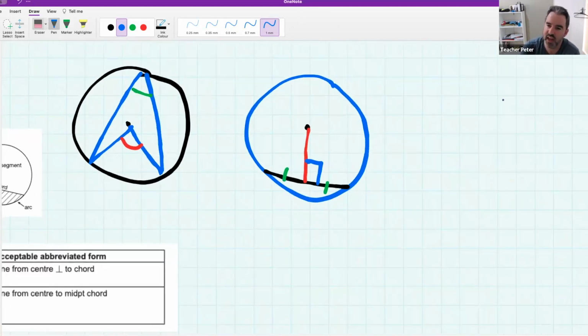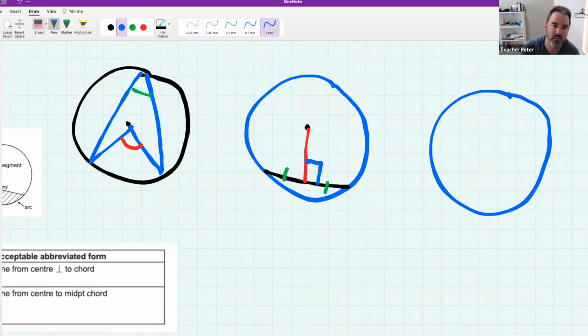And the other thing to bear in mind about the center of the circle is that if you have a chord and a line goes perpendicular from the center, then it cuts this chord into two equal pieces.